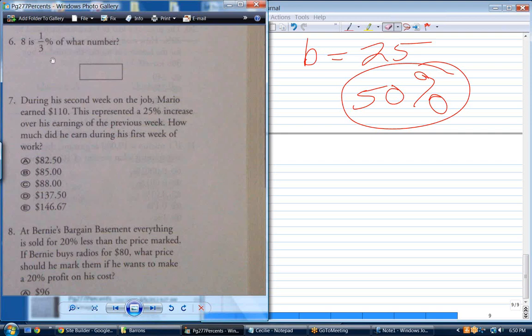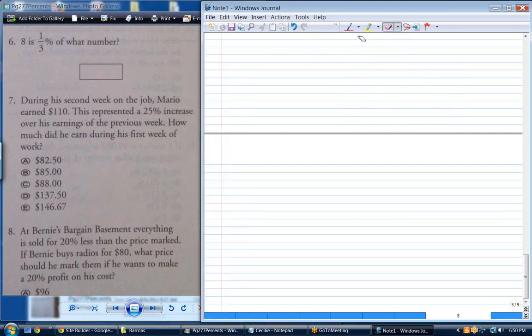Yeah, let's do that one. This is in the making of all the ones we've done so far. 8 is 1/3% of what number? Translate that to an equation for me using decimal. Well, 0.33%.